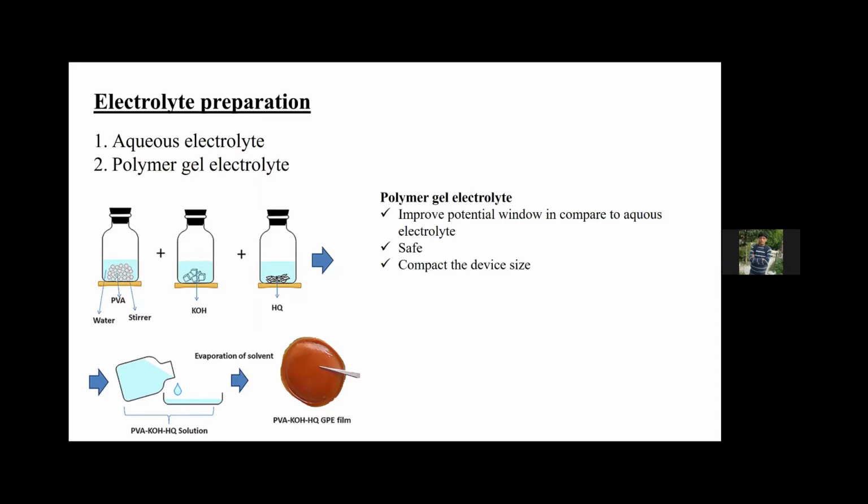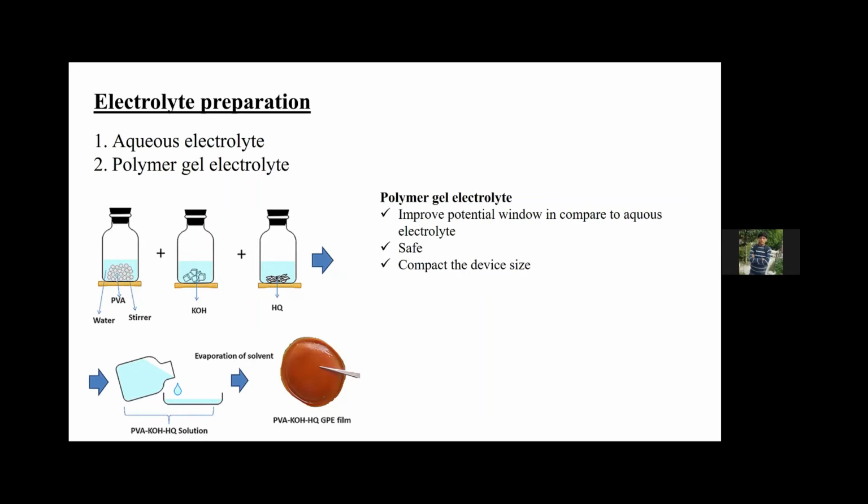And then whatever electrolyte we use, for example KOH, because KOH is in pellet form, or hydroquinone, we just add these into the PVA water gel and stir it.